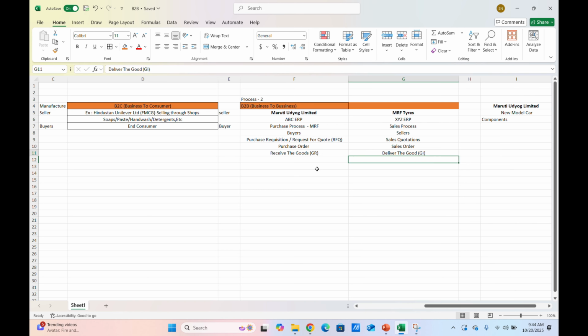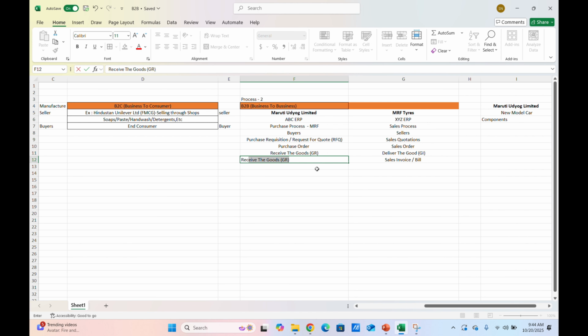After delivering the products, MRF Tyres raises the sales invoice, or we can say bill also. So they raise this invoice, and against this invoice Maruti Udyog Limited receives the invoice, IR.